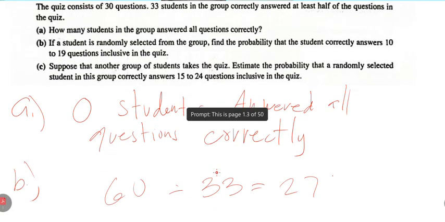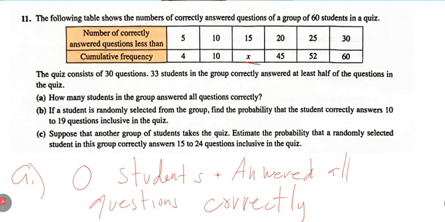Now, the second one here is that we need to calculate the number of students in 10 to 19.